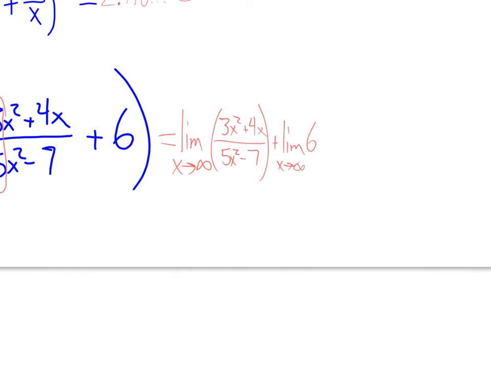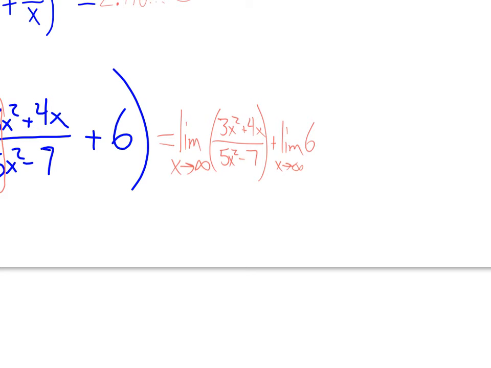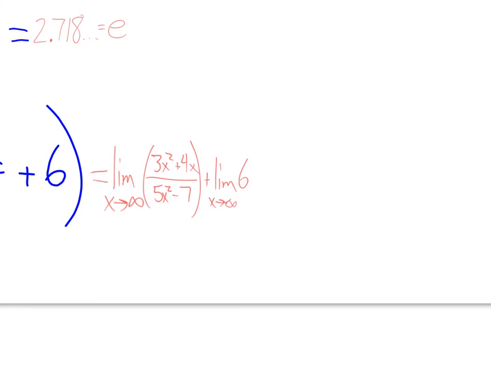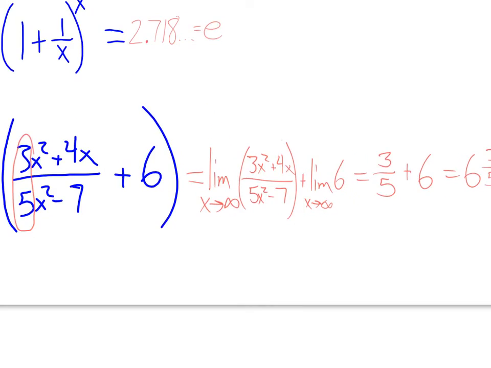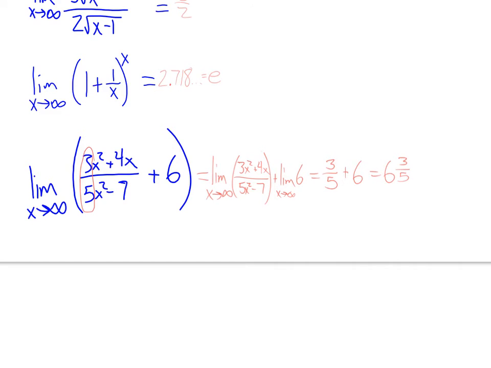Well, that's the limit of a constant. So yes, this first part is 3/5, but the limit of a constant is the constant, so that's 6 3/5. So recognizing the vertical shift is excellent. You can also use the limit theorems we looked at on Friday to break this down and work with it as well.